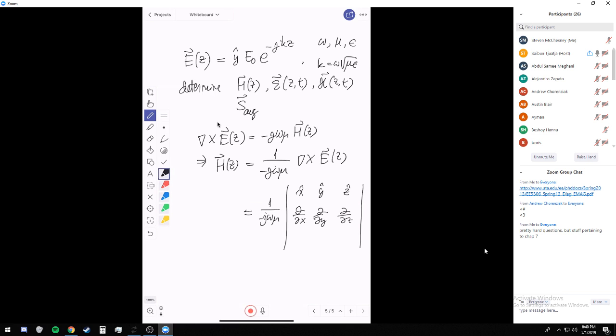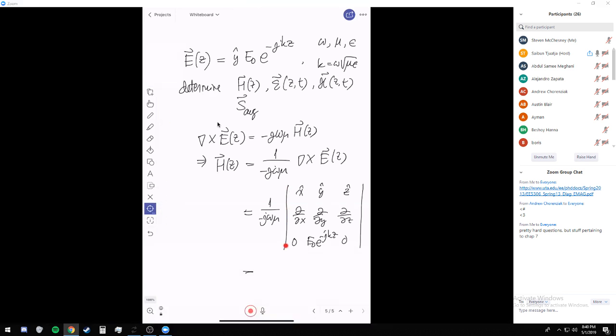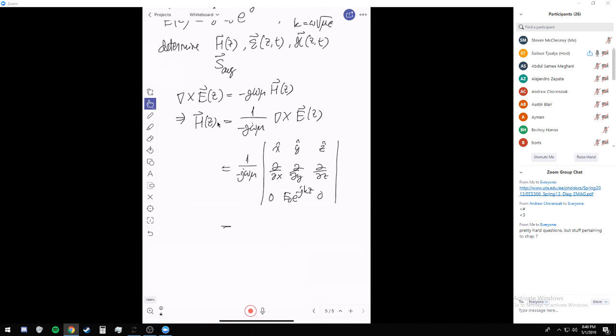And for E, I only have the y component, so I have 0 here, the y hat component E0 e to the minus j k z, and 0 here. So I have to solve for the determinant. Remember these are determinants, so this one is this and this. Let me clean this up.